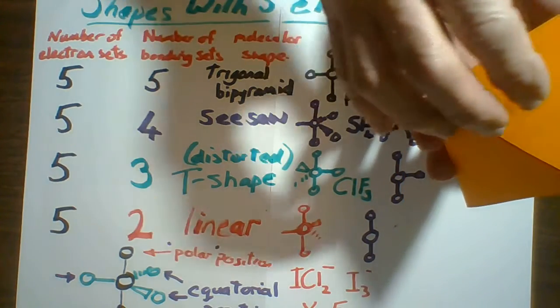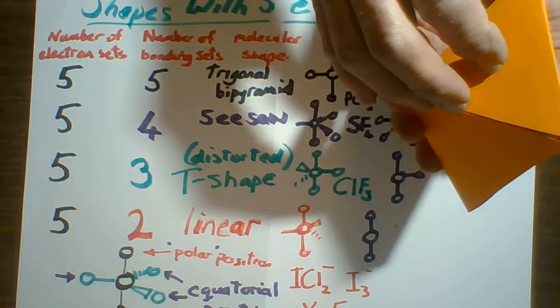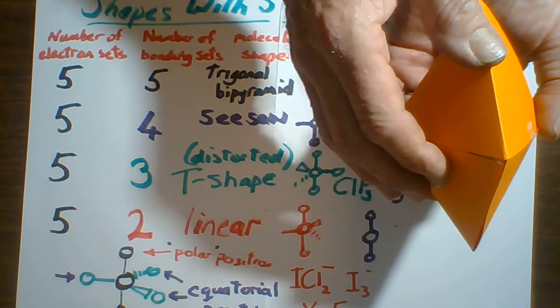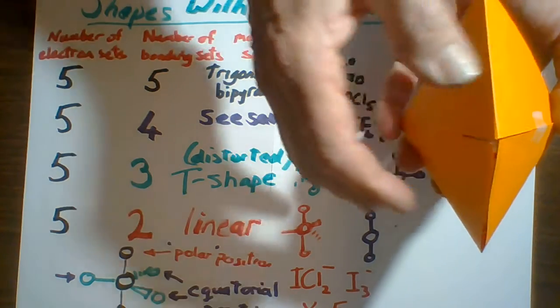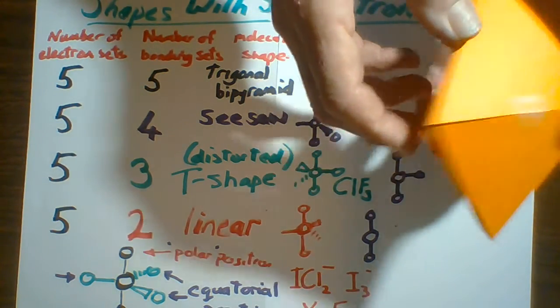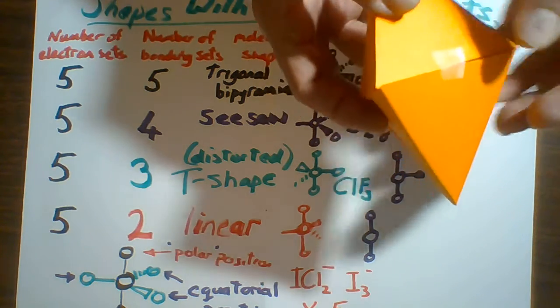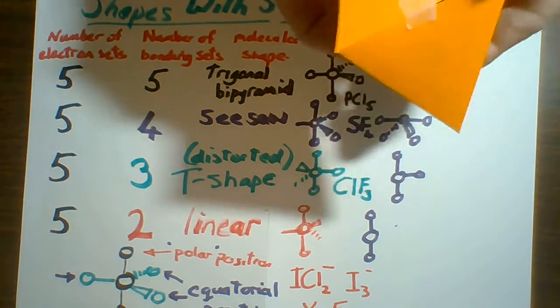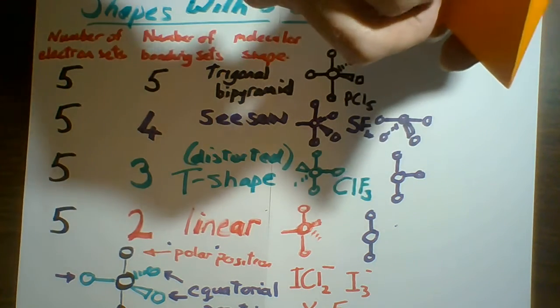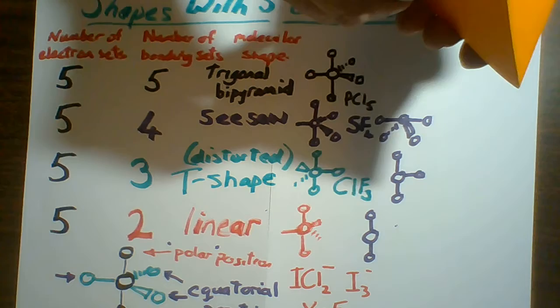This is basically 2 triangular-based pyramids, or tetrahedrons if you like, joined together along one face. So it's actually got 6 sides. I guess it's a hexahedron rather than a tetrahedron. And the molecule should fit inside there, and that is why it has that shape.